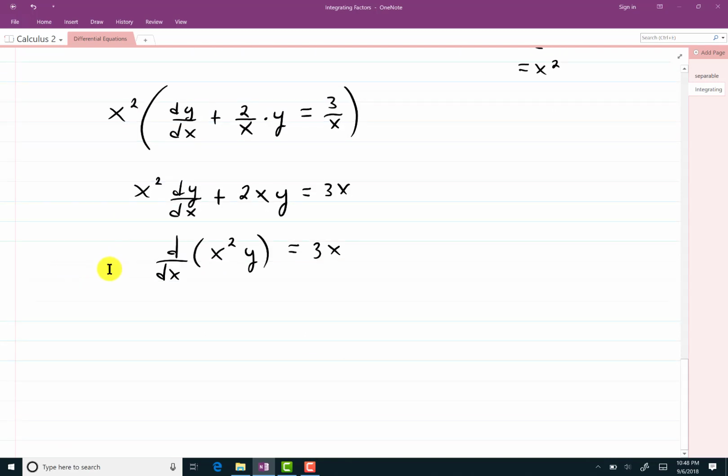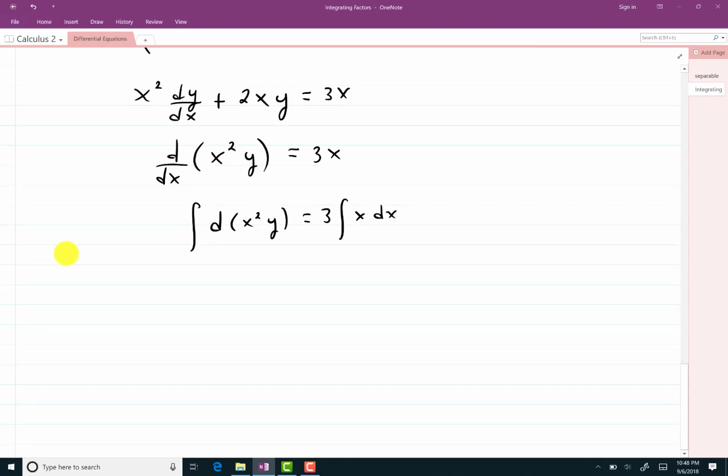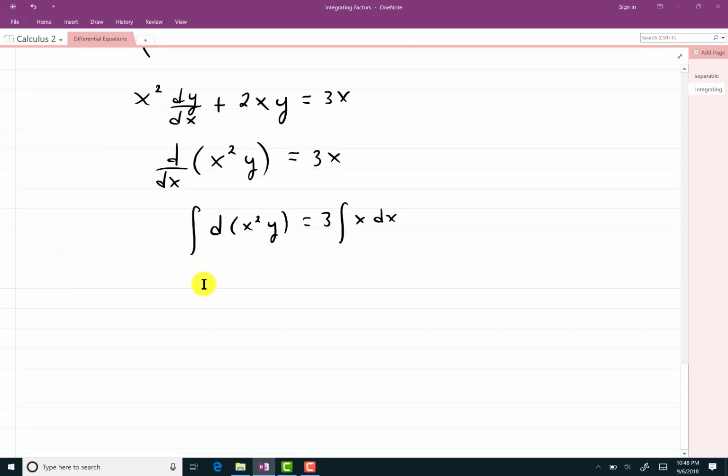And so you know what's going to happen next by now. Multiply through by the dx and integrate. Then the left side, the integral and the d will cancel out. It gives you x squared y.